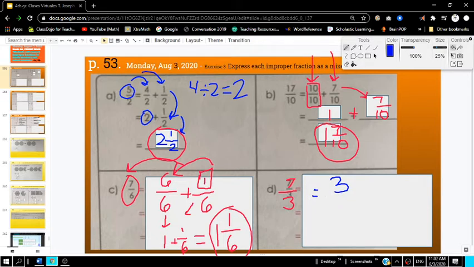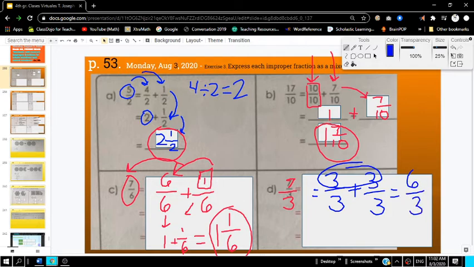Or, for example, 5 fifths equals 1. So in this case, I could do 3 thirds. But I'm actually going to do 6 thirds instead. 3 thirds plus 3 thirds equals 6 thirds. And if I add one more third, I'm going to come up with 7 thirds. 1 plus 6 equals 7.